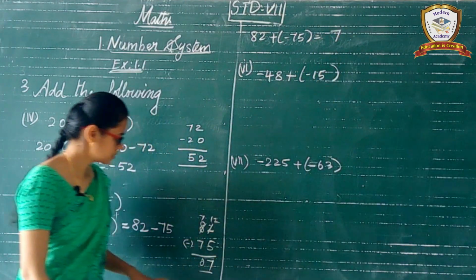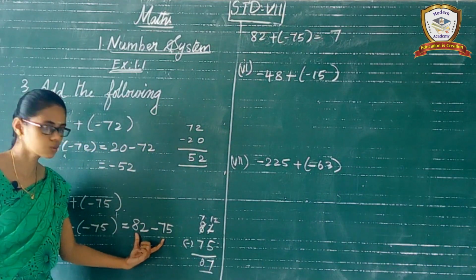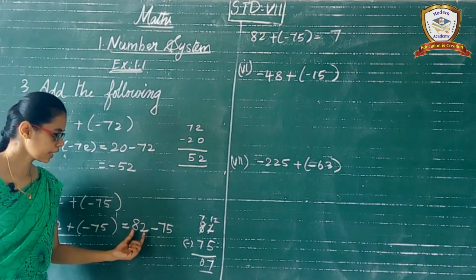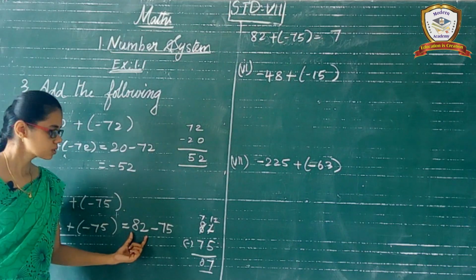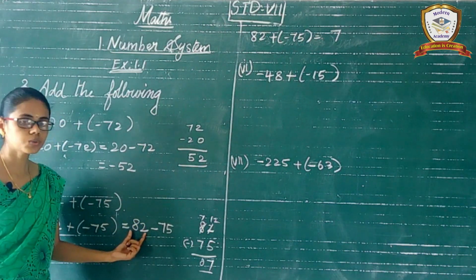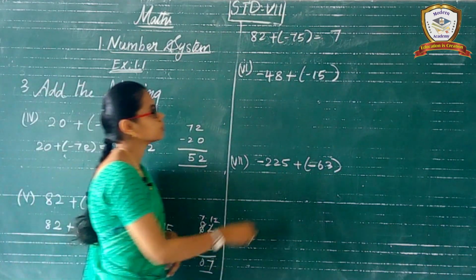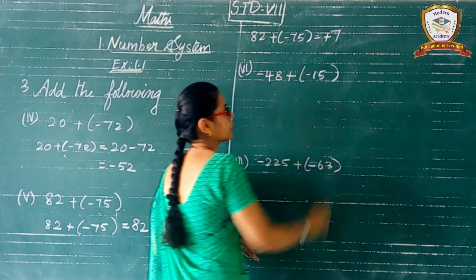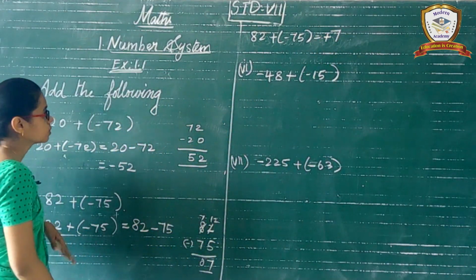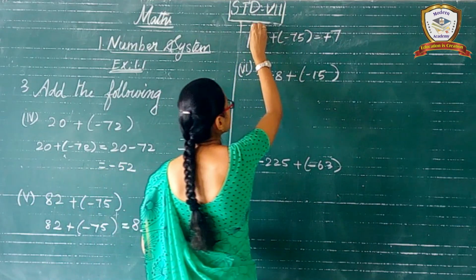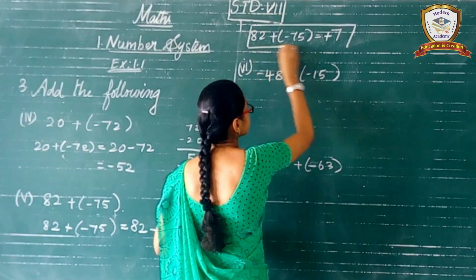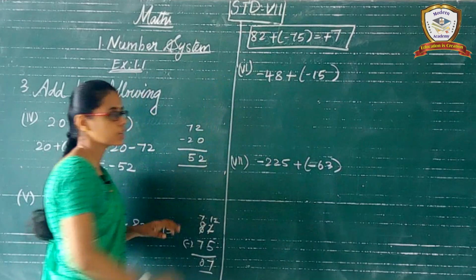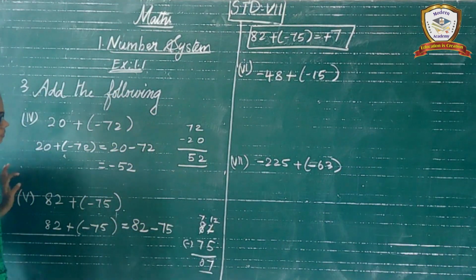And see these two numbers. Which one is the biggest number? 82 is the biggest number. So the sign of 82 is plus. So you want to mention plus in our answer. So the answer is plus 7. Okay. Can you understand this?